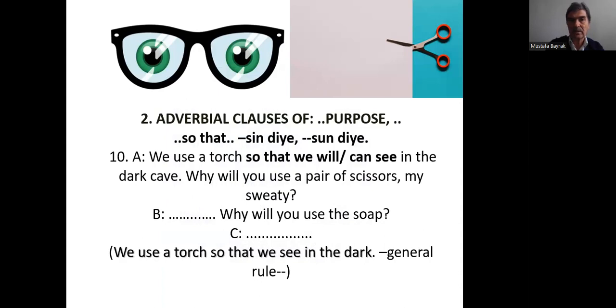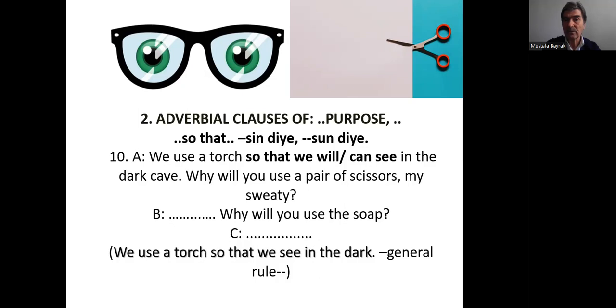Okay. Dialogue 10: we use a torch so that we will see, or we can see in the dark cave, for example. Why will you use a pair of scissors, my sweetie?